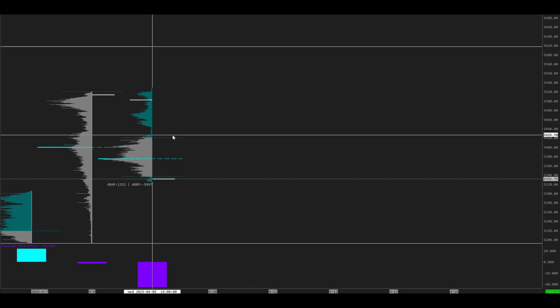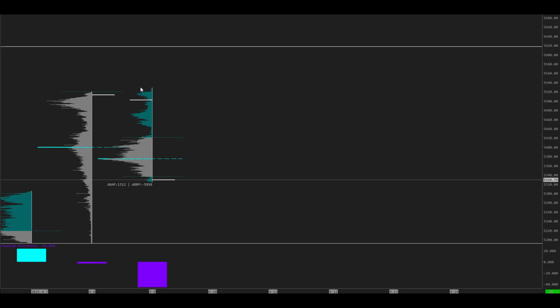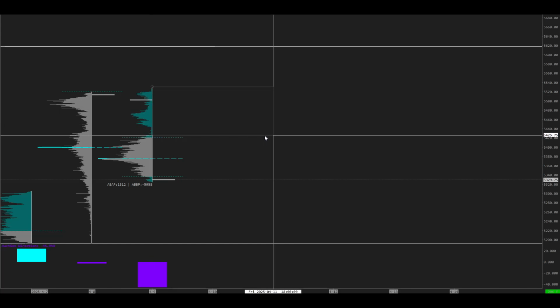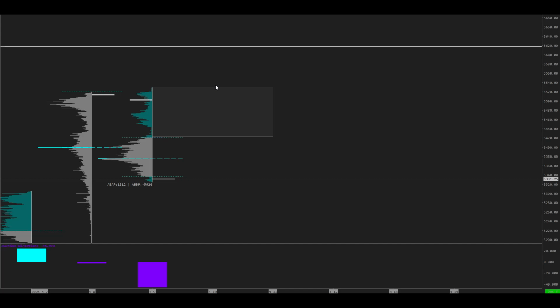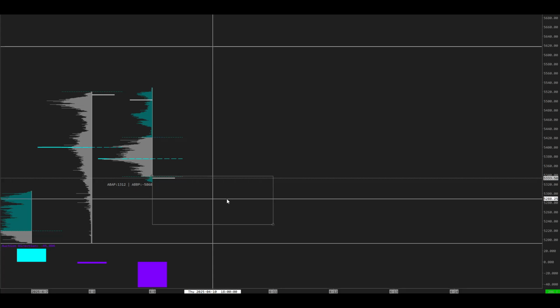With this kind of auction distribution, I'll just draw it out. This box here. So, oops, I didn't grab it properly. There we go.